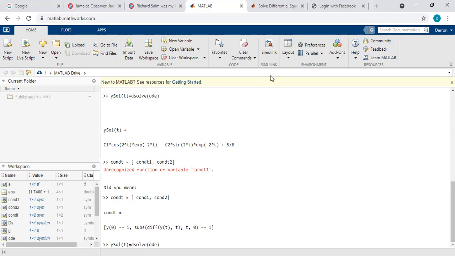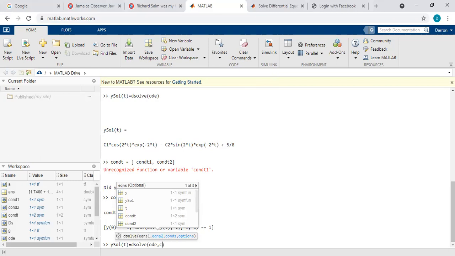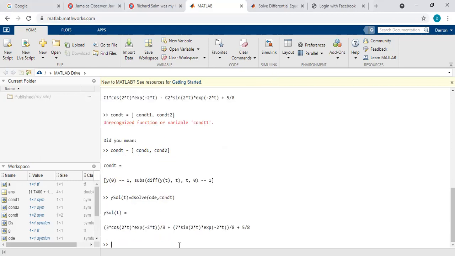I'm putting in the condition, COND, and then it will give you the specific solution, as you see there.